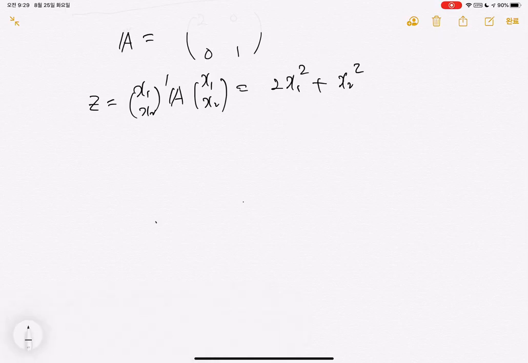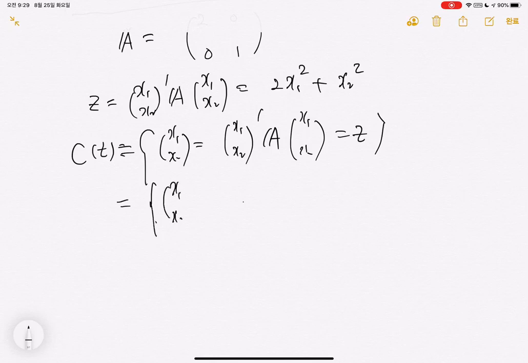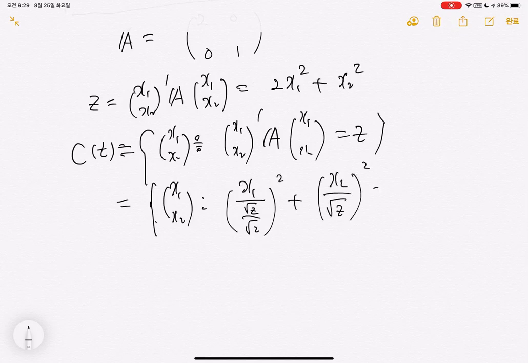Then this set, the level set of z, such that the quadratic form of the matrix is z, is mathematically the set of x1, x2 such that (x1 over square root of z/2) squared plus (x2 over square root of z) squared equals 1. And you may recall here your z is greater than 0.